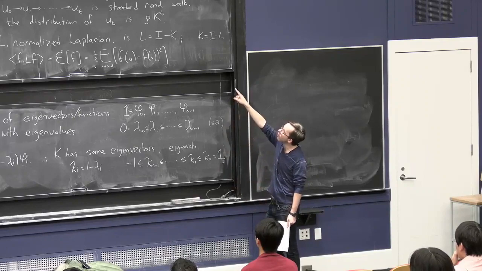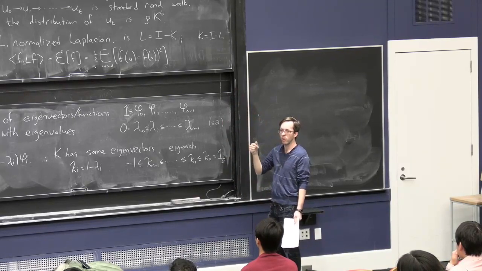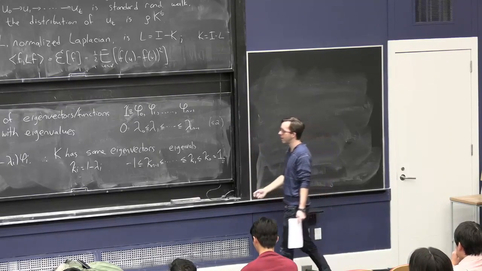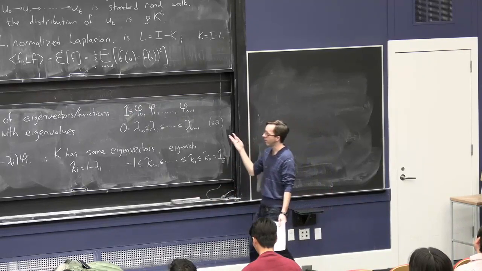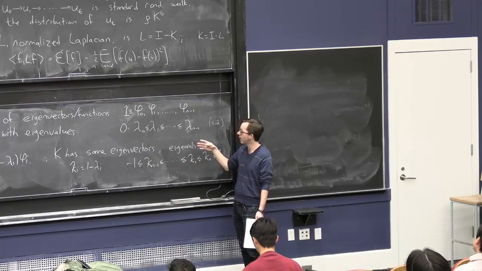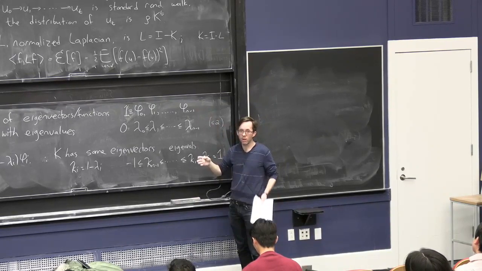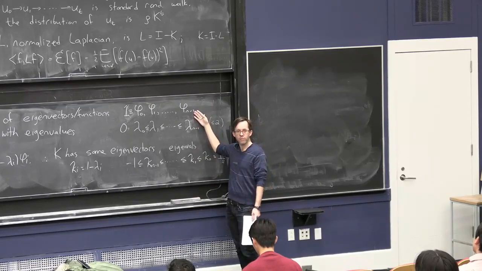And you can see from this first bullet point that it's very much related to what happens if you start with a vector and multiply it by a high power of K. And maybe you can already see, I'll get into this soon, this is the reason why it's so great to have these eigenvectors and eigenvalues for L and for K, because what does it mean that you have a basis? It means that if you have any function at all, such as rho, you can express it as a linear combination of these phis.